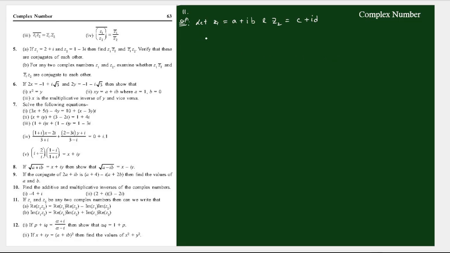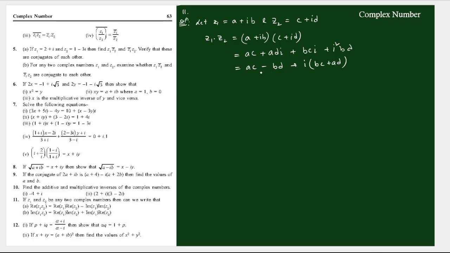So now we need to multiply z1 into z2. z1 into z2 equal to a plus ib into c plus id. So you multiply it, a into c plus adi plus bci, right? i square bd. So now i square is minus 1. So ac minus bd plus i bc plus ad. Okay, you can write it that way.